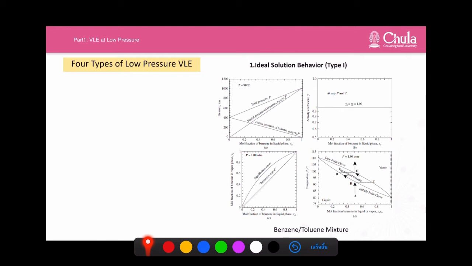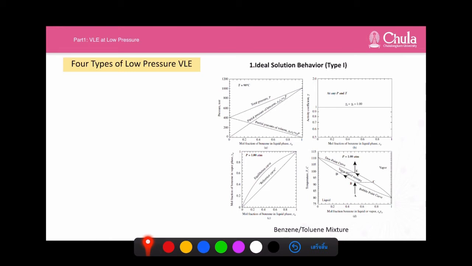Previously you learned in your bachelor studies that if we have an equilibrium curve like this, it's very simple for distillation. If we start from a mixture with different compositions, you can design the distillation column.